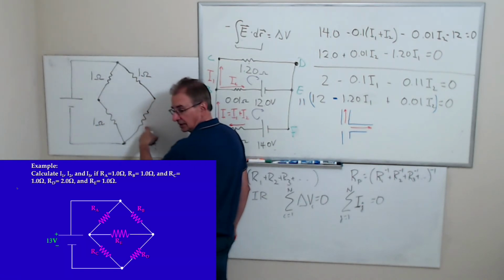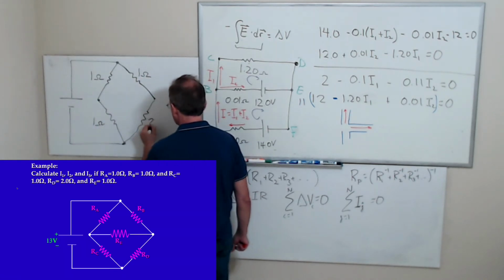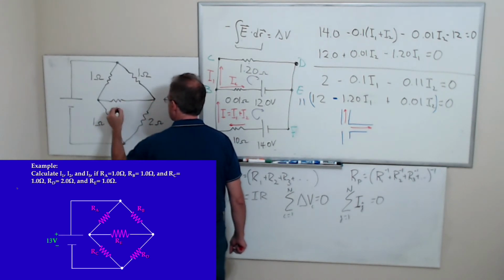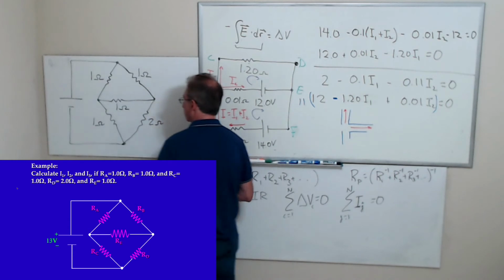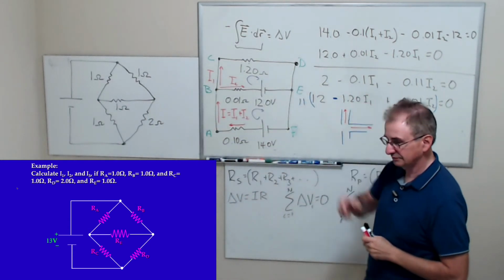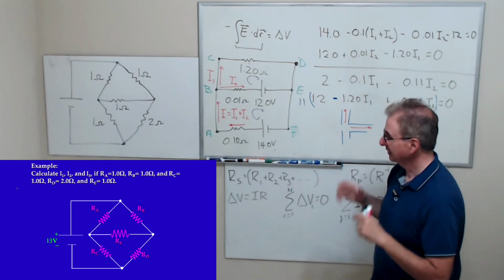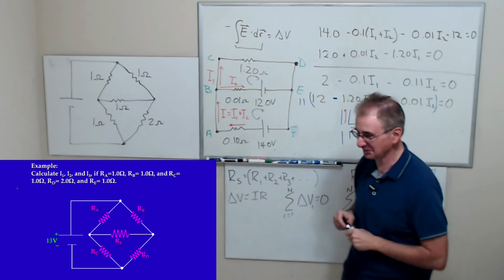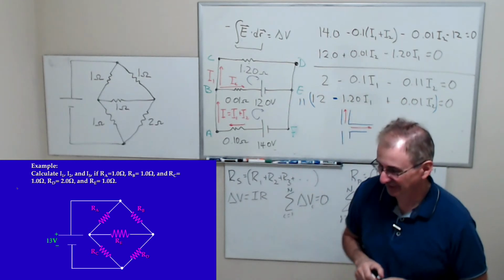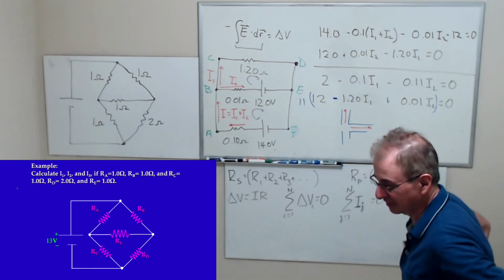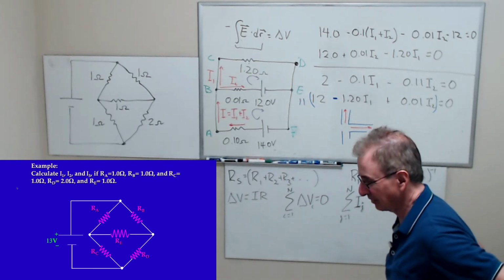R sub D is 2 ohms. And this one is 1 ohm. Okay? This one's more complicated because I have more loops in it. I have like 5 loops, if I counted properly.